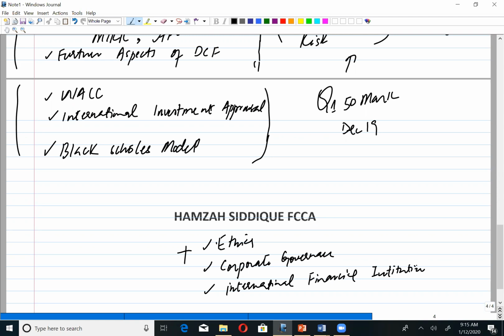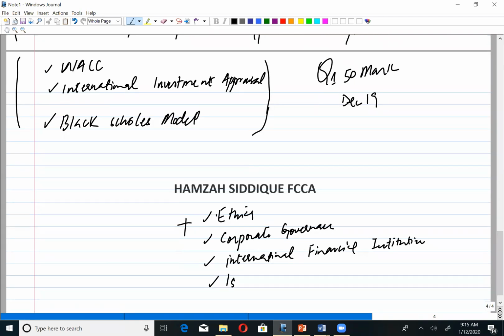And students, there is a theoretical topic on Islamic finance, which is part of your syllabus. And there may be a few more small theoretical topics of AFM.